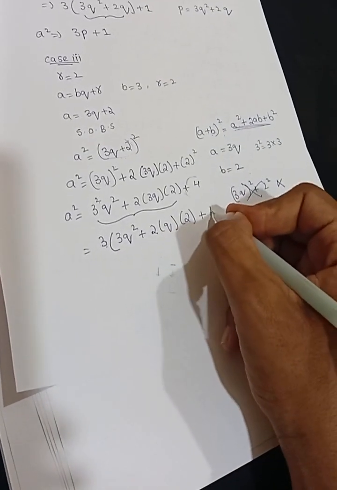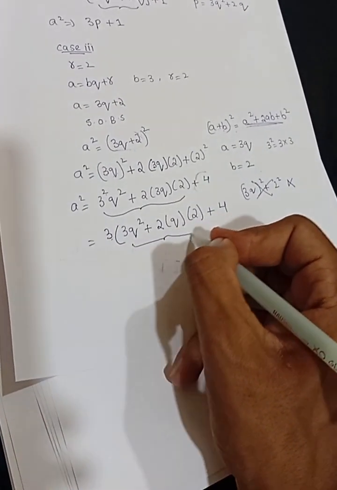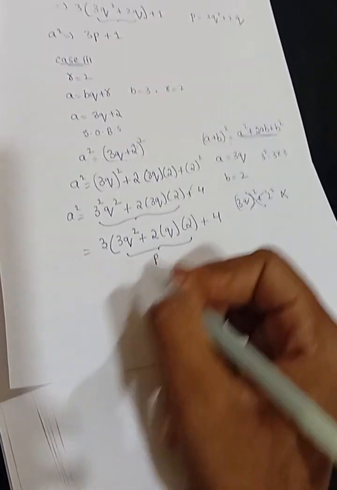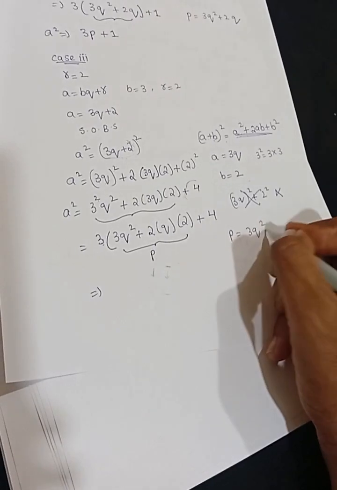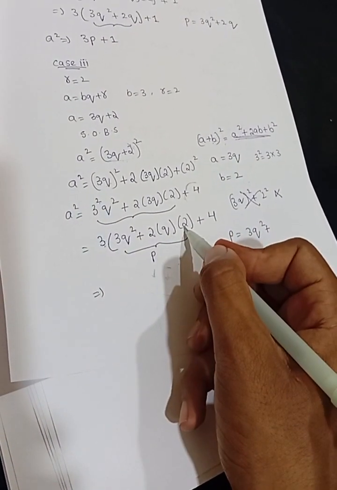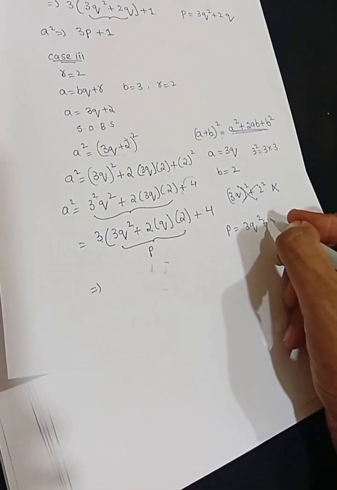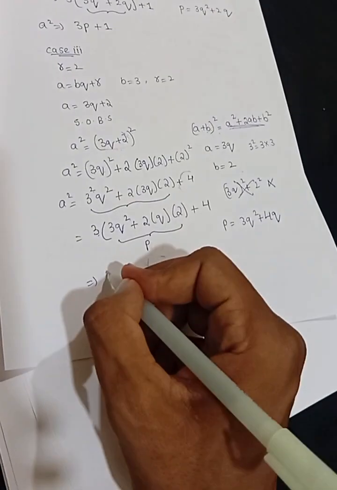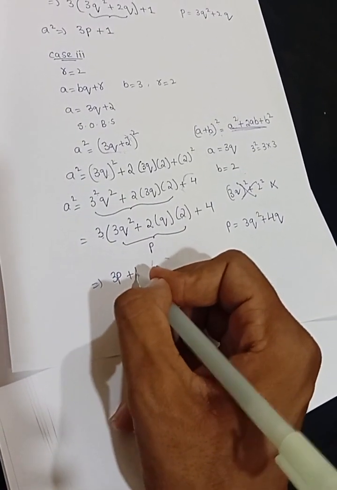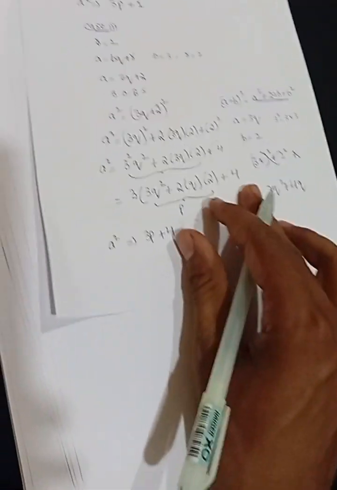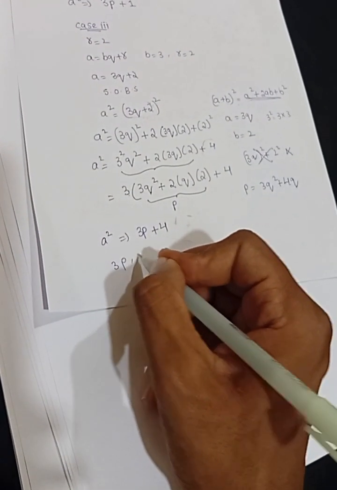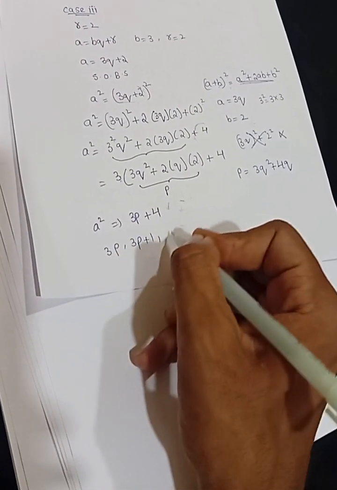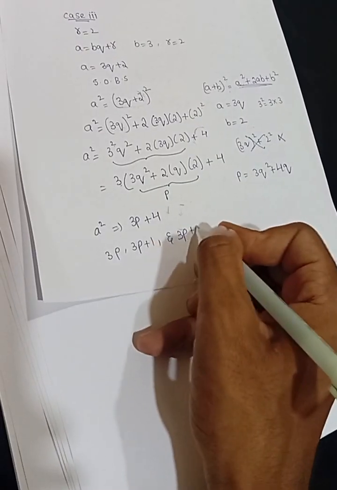I need this plus 4, that's why I'm writing as it is. So I will consider this part as p. So now my p will be equal to 3q square plus 2 2's are 4, 4q. So I'll write 3p plus 4. A square is equal to 3p plus 4. Now you got 3p, 3p plus 1 and 3p plus 4. This you need to prove.